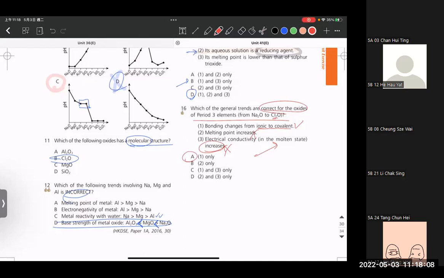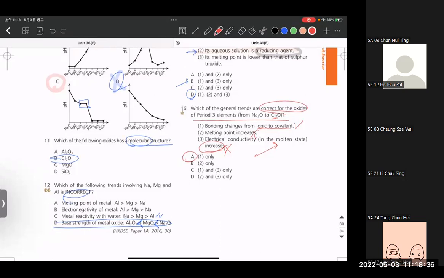Now, shall we move on to long questions? Because time is not enough, I just choose two questions to cover with you. Question 22 is on periodic pattern.